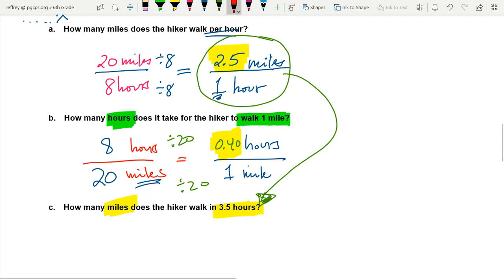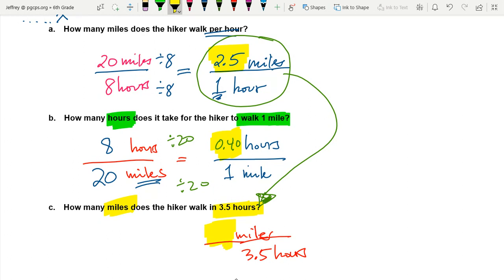Because if you make sense of the problem, it says how many miles does the hiker walk in 3.5 hours. So we're looking for the number of miles when the hiker walks 3.5 hours. Using the previous solution, we know that the hiker walks 2.5 miles for every hour, or 1 hour.